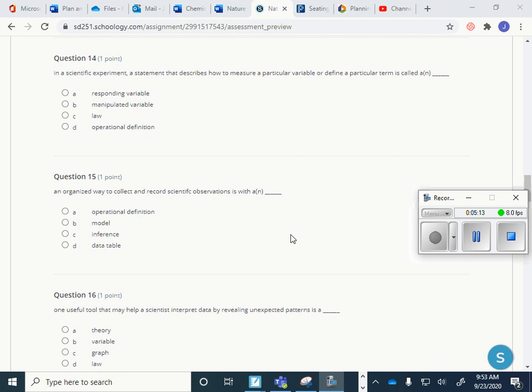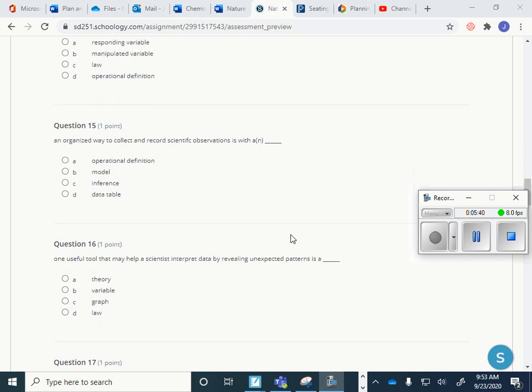Question 14. In a scientific experiment, a statement that describes how to measure a particular variable or define a particular term is called either A, a responding variable, B, a manipulated variable, C, a law, or D, operational definition. Question 15.